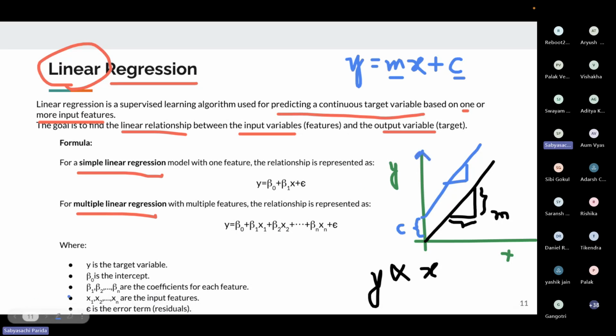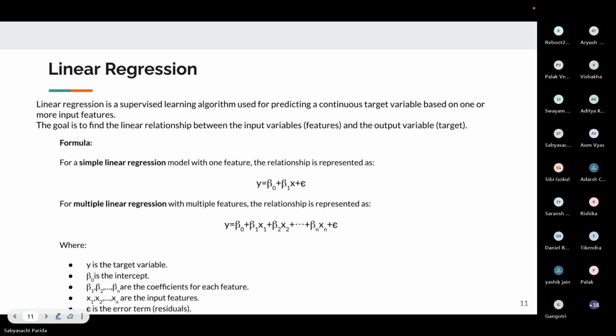So let me clear this. For a simple linear regression, we can write y equal to beta naught plus beta 1 x plus epsilon, where y is the target variable and beta naught is the intercept. So the c we were writing in the linear equation is nothing but beta naught. And beta 1, beta 2, up to beta n are the coefficients for each feature.